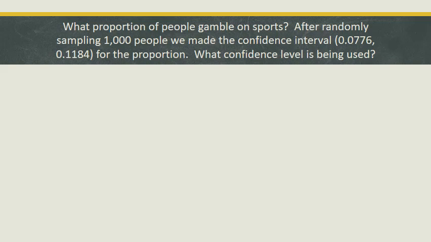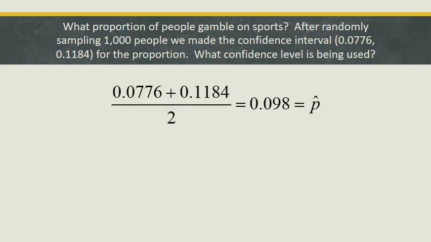All right, last question. Let's say we're given a confidence interval and we want to figure out what confidence level is being used. We've done this before, and the first thing that we need to do is find p-hat by finding the center of the interval. So p-hat is equal to 0.098, and the interval can now be written as 0.098 plus or minus 0.0204.